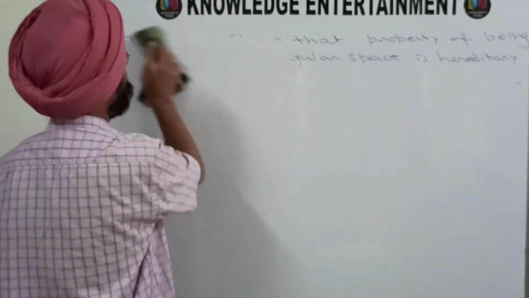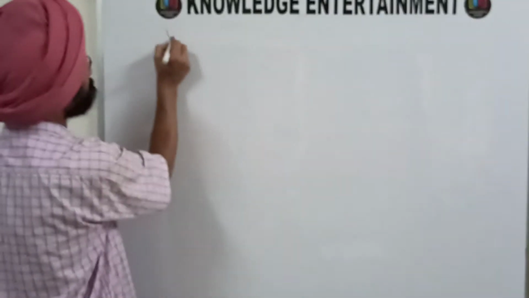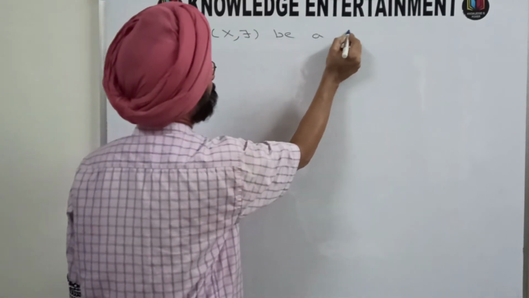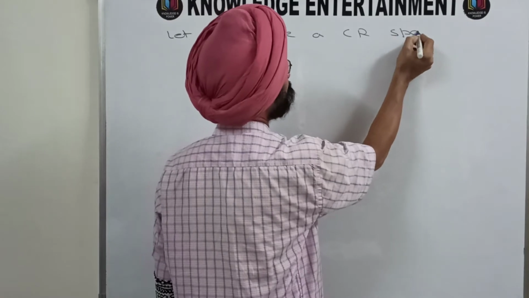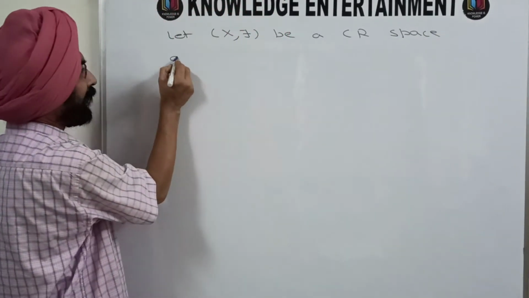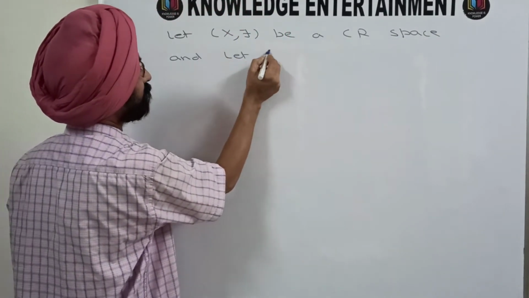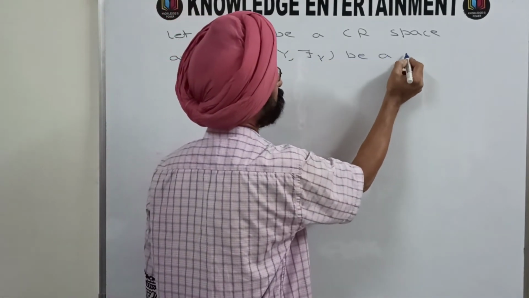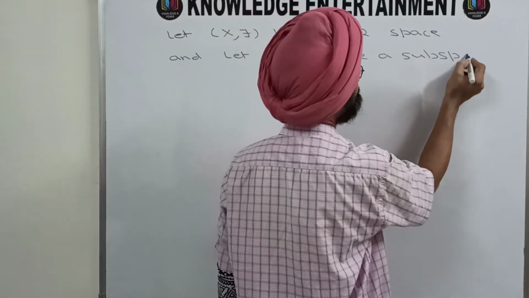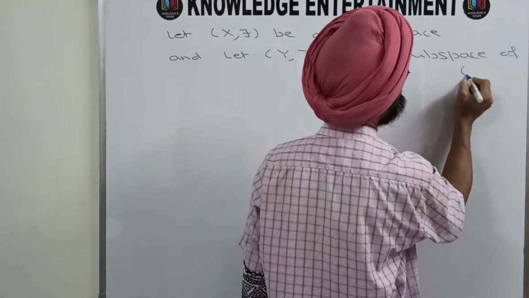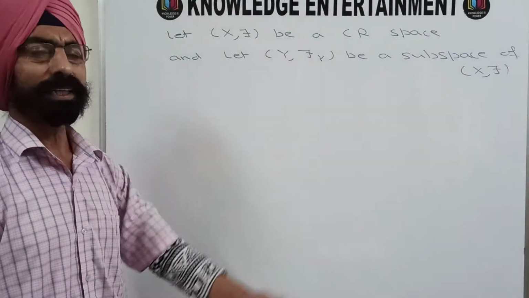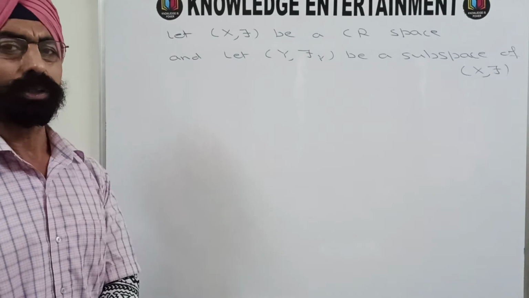So I'll start with the proof now. Let X tau be a completely regular space and let Y tau Y be a subspace of this topological space X tau, and we have to show that Y tau Y is also a completely regular space.